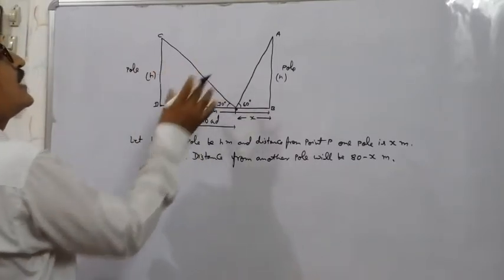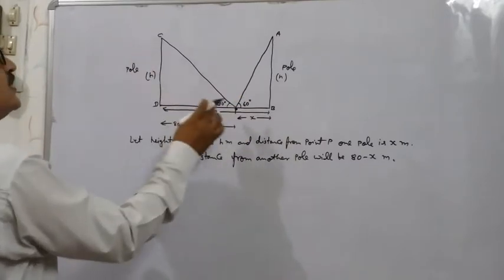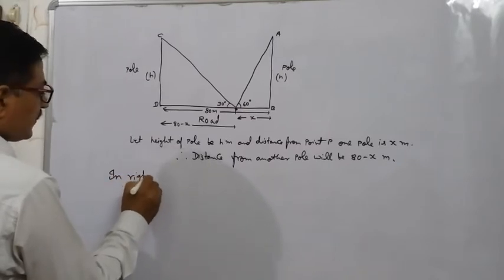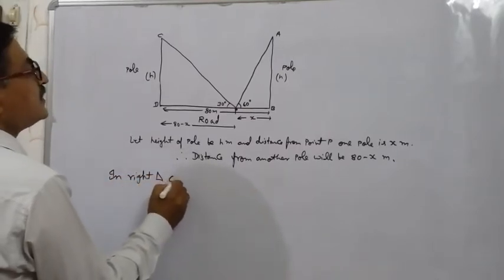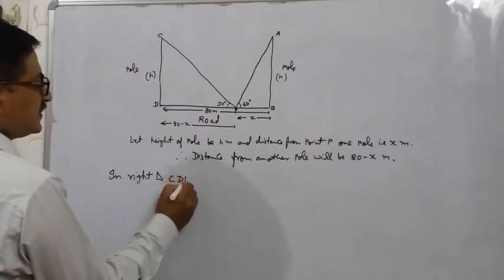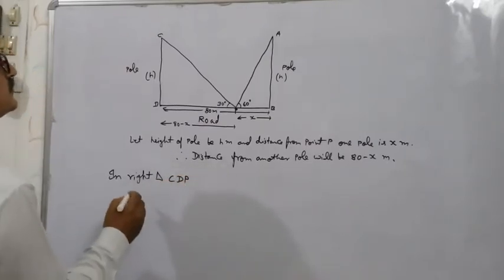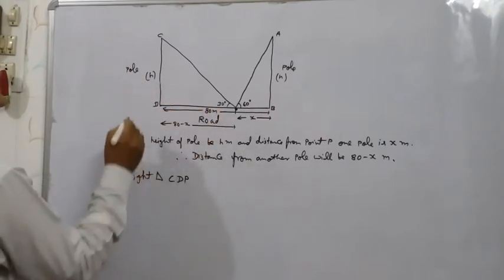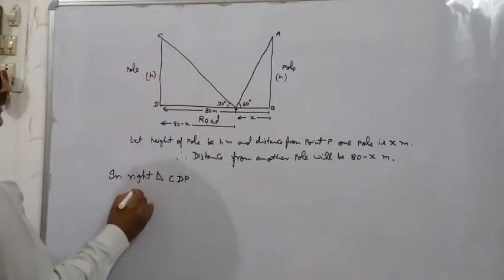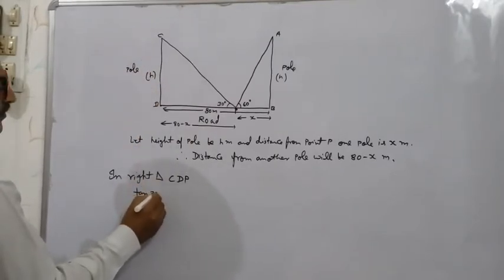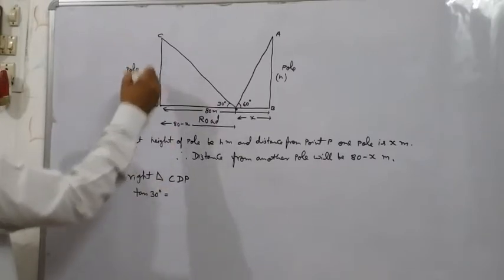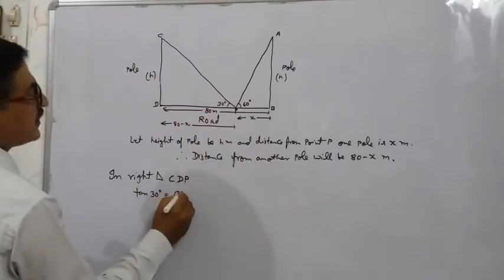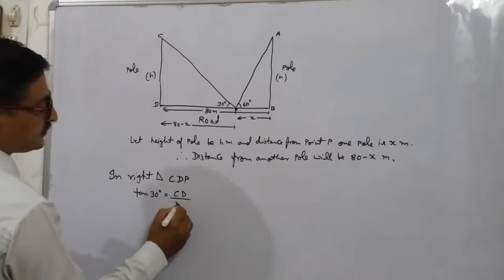Now two right triangles are forming, triangle ABP and triangle CDP. In right triangle CDP, we have to find the relation between perpendicular and base, so we take tan theta equal to perpendicular upon base. Tan 30 degree equals CD upon DP.